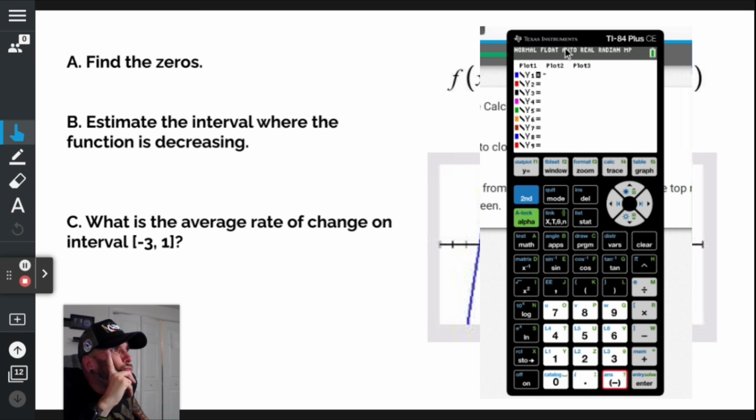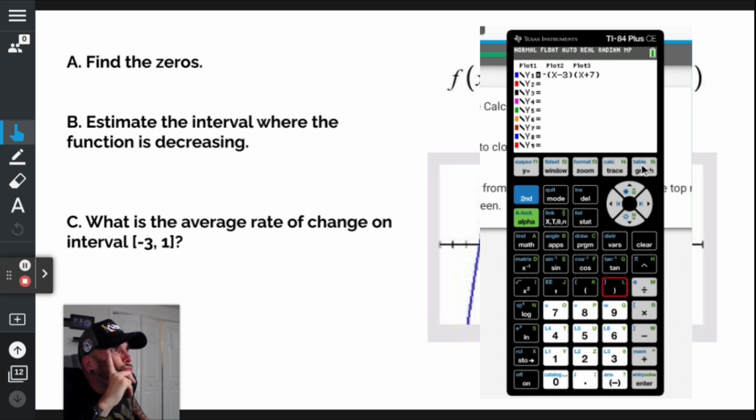Everywhere else, it's the same, but with Texas Instruments, they decided to make it a little more fun. But let's keep typing: x, parentheses, of course. Here's my x right here, x minus 3, close parentheses, x plus 7.